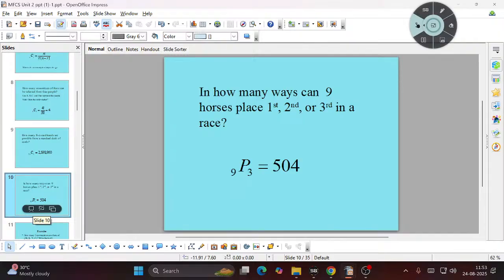Yes, write on. In how many ways can 9 horses place first, second and third position in a race?